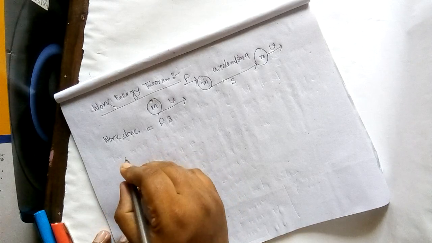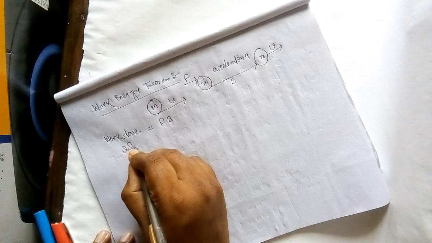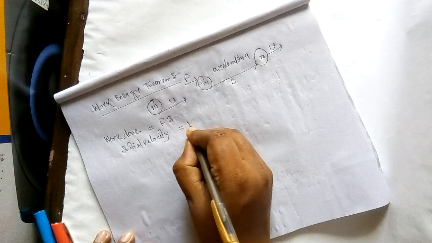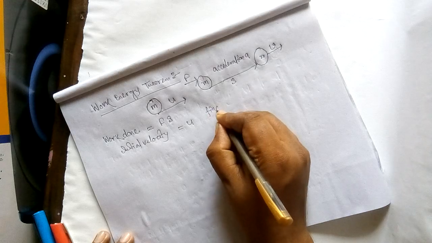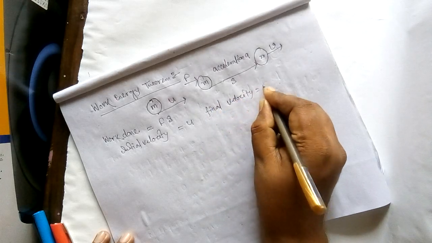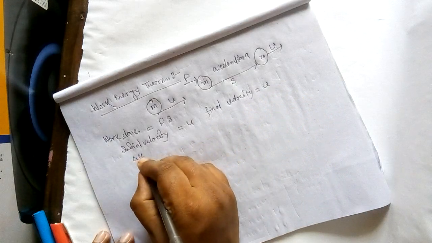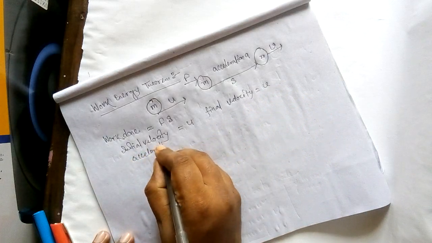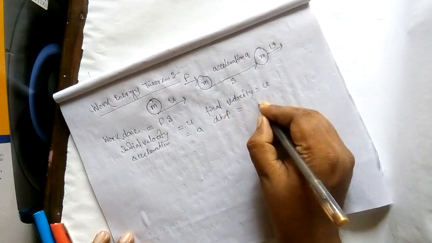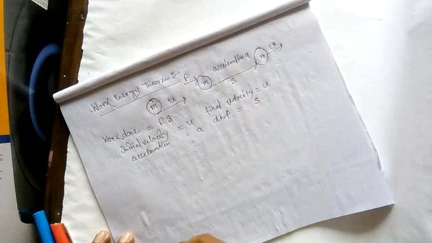Now what is given: initial velocity equals u, final velocity equals v, acceleration equals a, and displacement equals s.